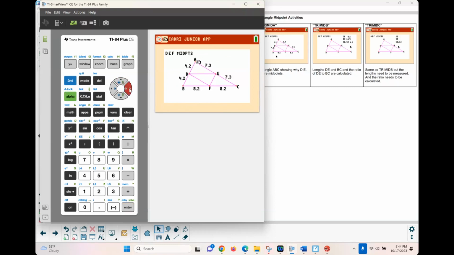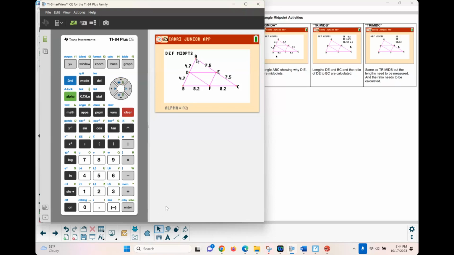And now I'll move this and notice that, yeah, the side lengths are changing, but those points are still always midpoints. And I could grab C or grab B and so on. I cannot grab D, E, or F because those are locked in as being midpoints, so I cannot move those. Okay, just so you know. Again, I'll press clear to turn that off.